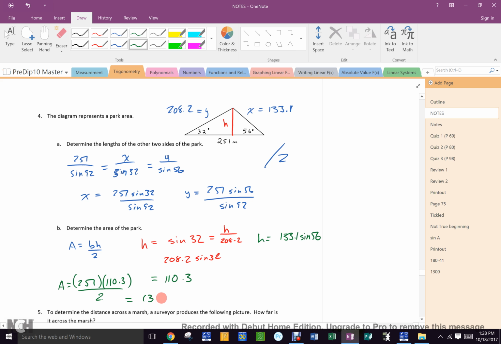What do you guys got? 805. 805. It's actually 847 if you don't do any rounding, if you use your calculator like you're supposed to. I did. But I will accept 13.8 blah, depending on how you round. When do you round?